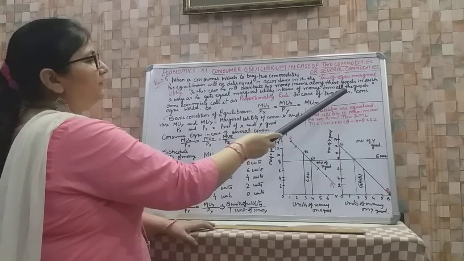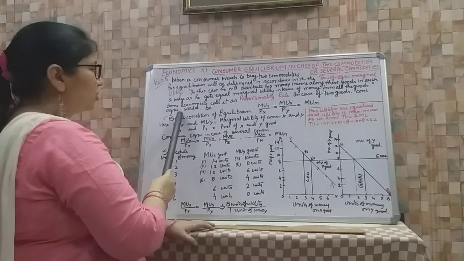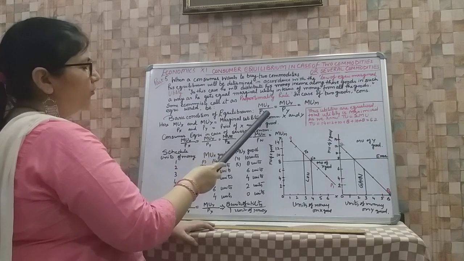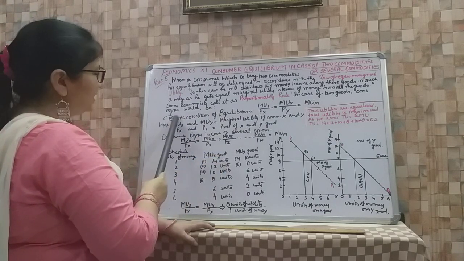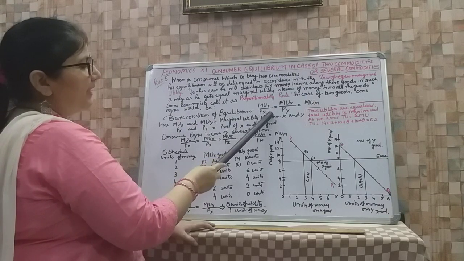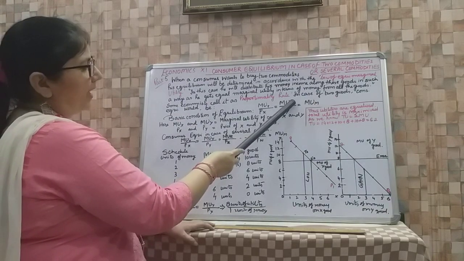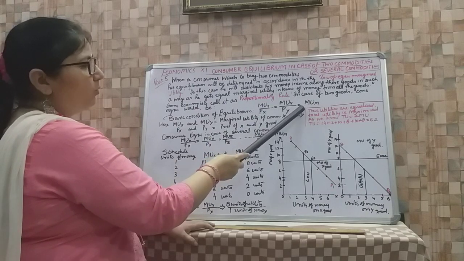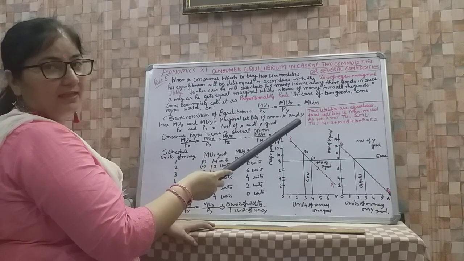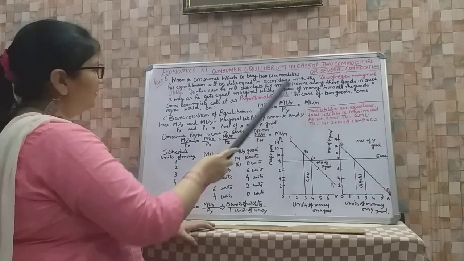In case of two goods, the basic condition of consumer equilibrium would be MUX over PX equals MUY over PY equals MUM. Here MUM is the marginal utility of money, related to the monetary income which a consumer is earning.